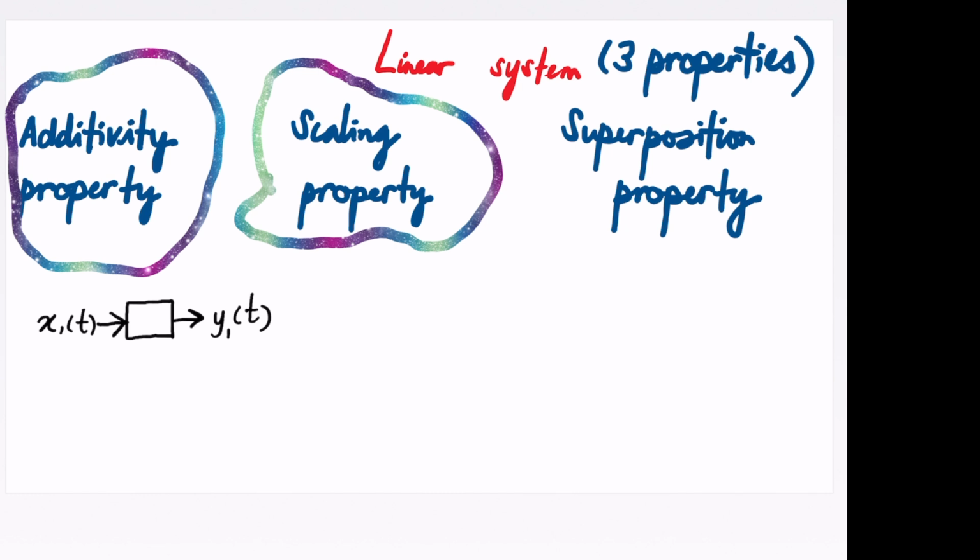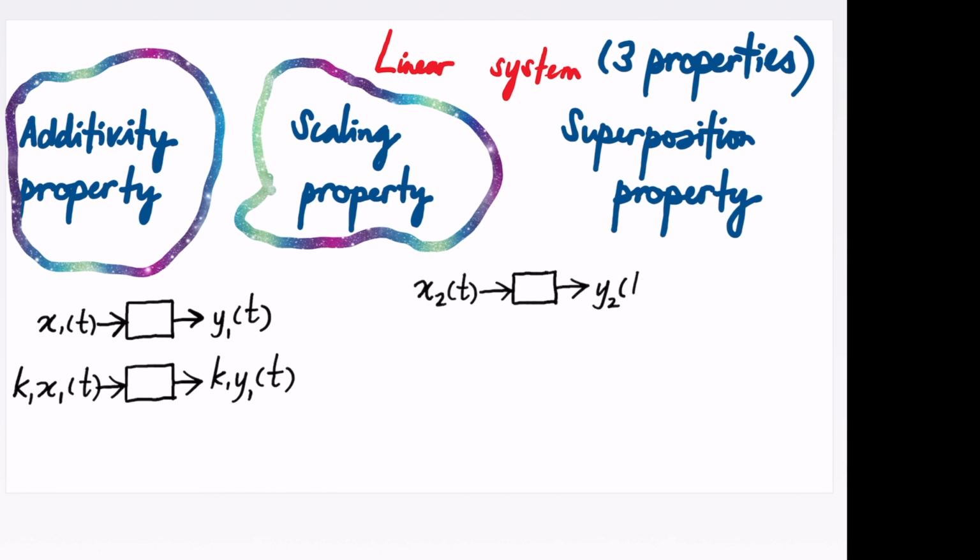As you will see, the superposition property is actually the combination of the additivity property and the scaling property.